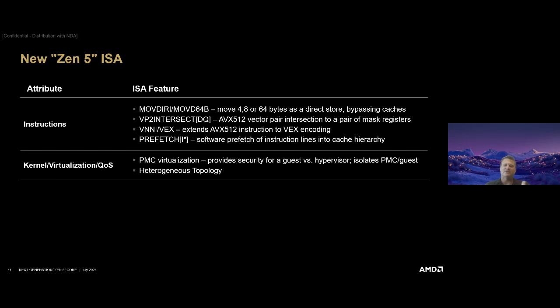For those large footprint workloads, even with us trying to get as far ahead as we can, we're still not capable. If the program knows where it's going to be going, it can give us a hint through an instruction prefetch. And then on the kernel virtualization side, we added some PMC virtualization, providing security between a guest and hypervisor.